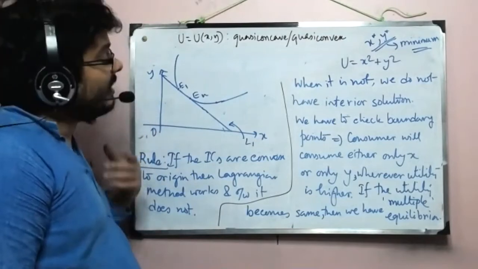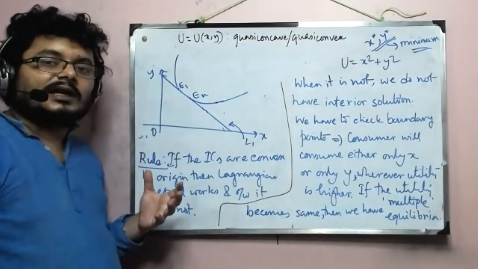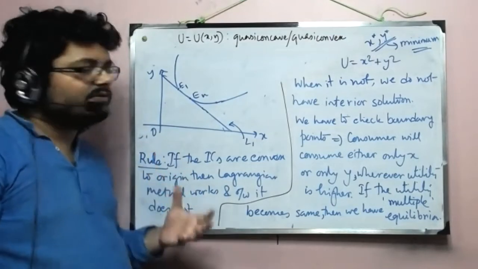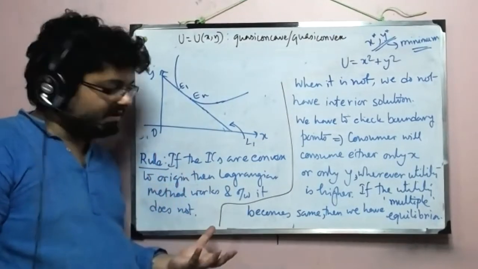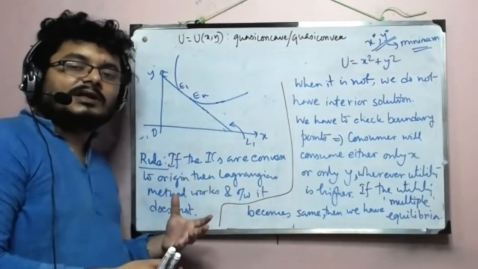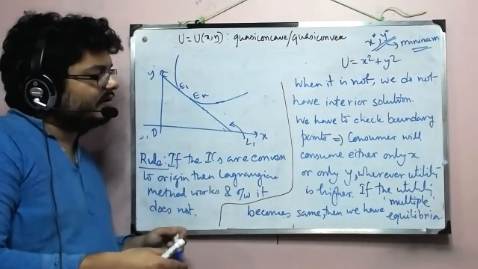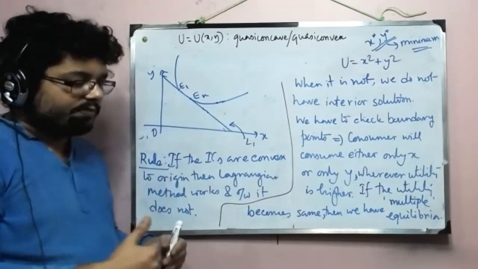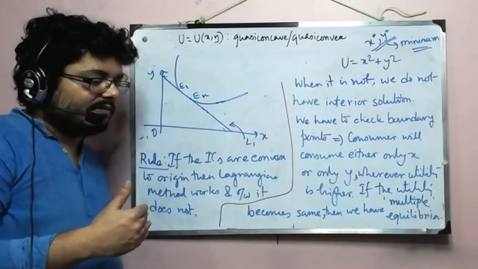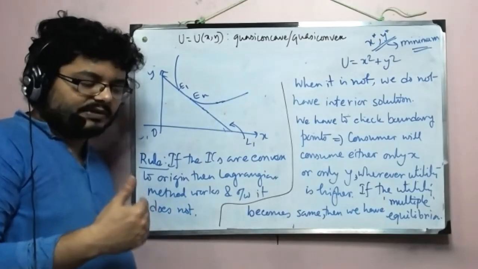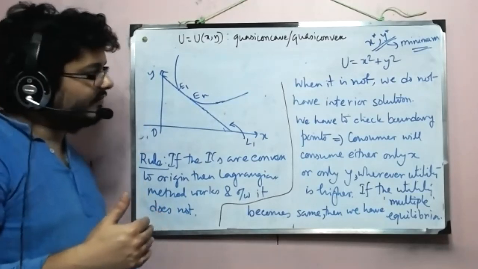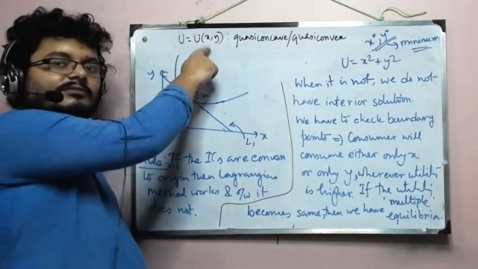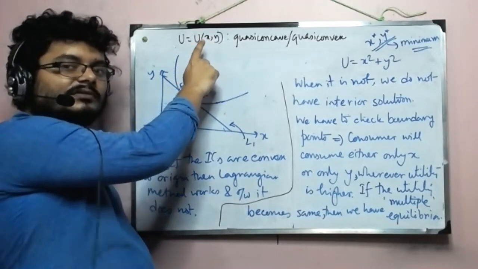So now the automatic topic that comes to mind is how to check quasi-concavity or quasi-convexity, because if a priori we can guarantee that fact, then the SOC, the second order condition, will be automatically satisfied, and we can stop by getting the solution from the first order conditions. Now we'll move on to quasi-concave and quasi-convex and see in what cases they become quasi-concave or quasi-convex.